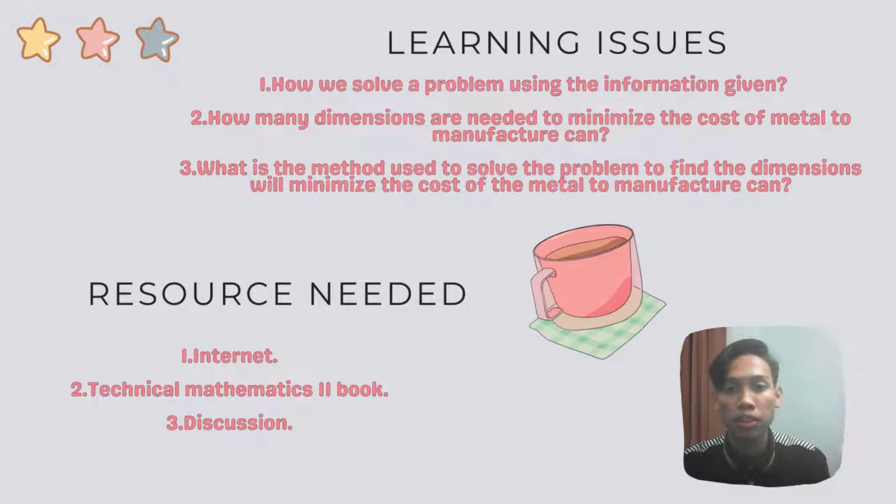Other than this, we have a learning issue. Firstly, how do we solve a problem using the information given, and next, what dimensions are needed to minimize the cost of the metal to the manufacturer's gain, and what is the method used to solve the problem to define the dimensions that will minimize the cost of the metal to manufacture gains.